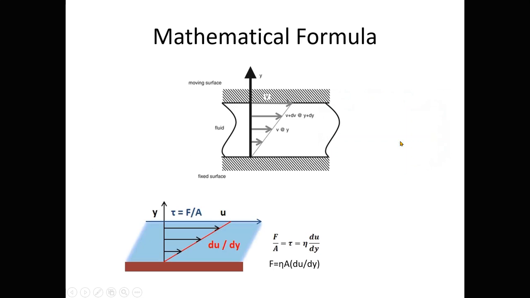Next section. Referring to the previous picture, we are taking a section. This is along the y-axis and this is along the x-axis. Along the x-axis we have taken velocity, and along the y-axis we have plotted radius.